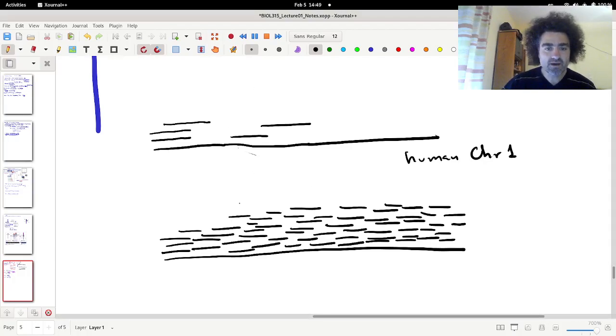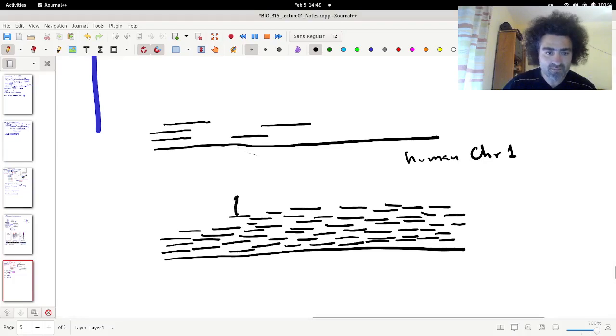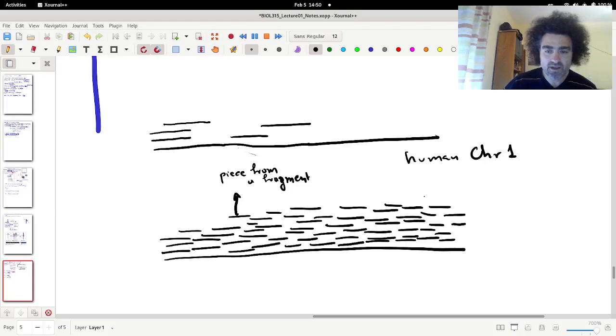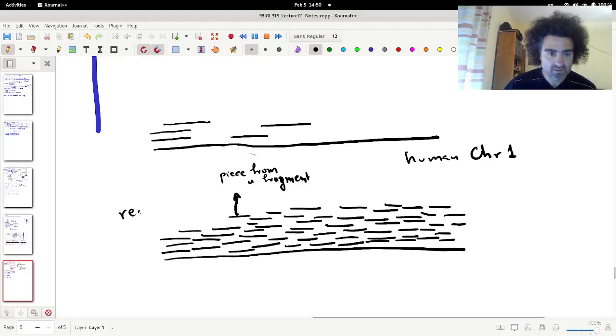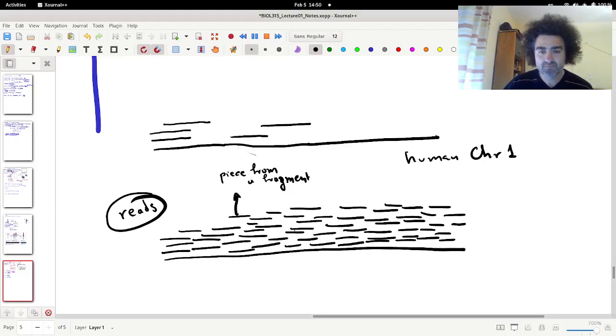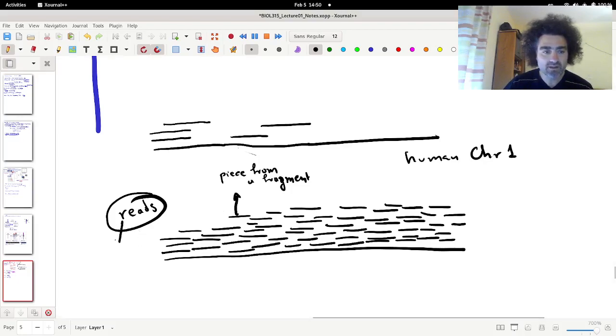Now, just to be clear here, this is not a fragment, it's a piece of a fragment. And these pieces of fragments have the famous name reads. So these are the reads. In NGS data, typically we have several millions of reads.